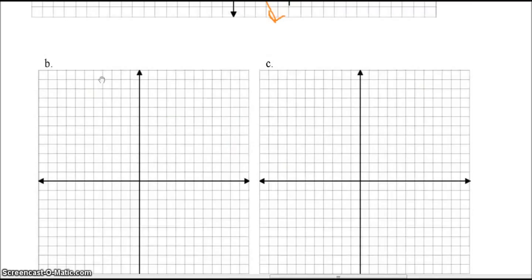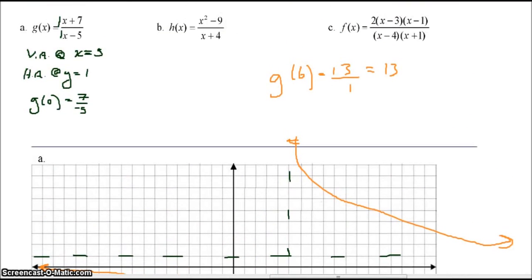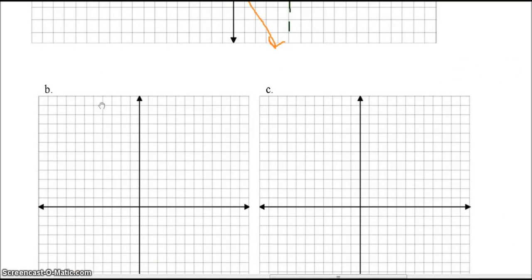With these other ones, I think maybe I'll do some sort of sketch, but I'm not going to be too precise. You know, something like this. You have a vertical asymptote at negative 4, and then you have a slant asymptote as well.